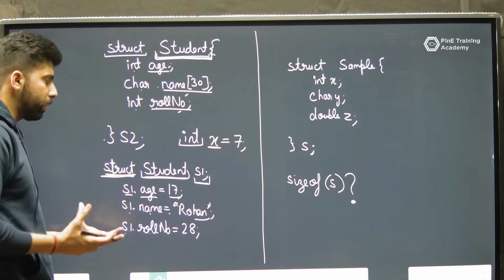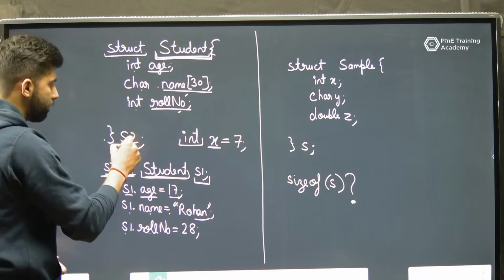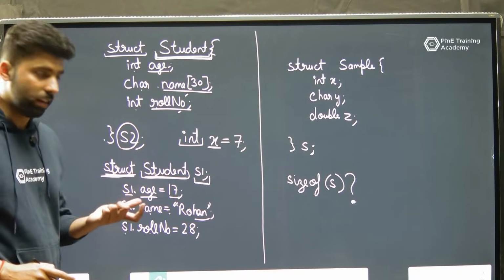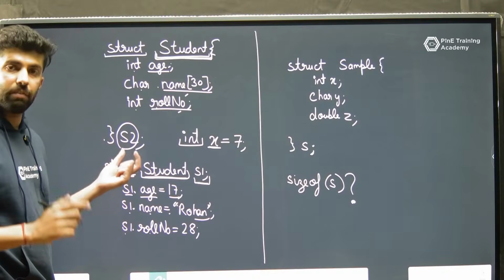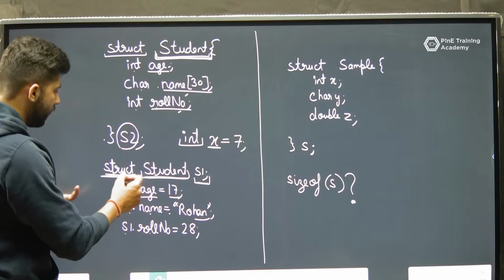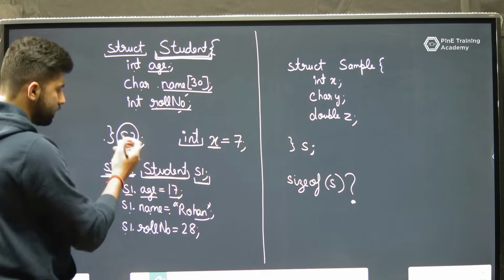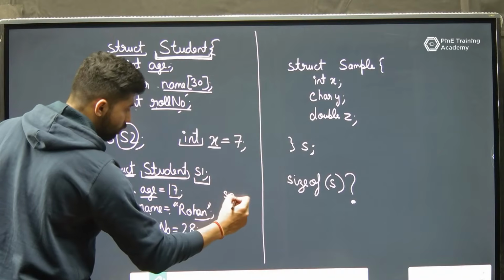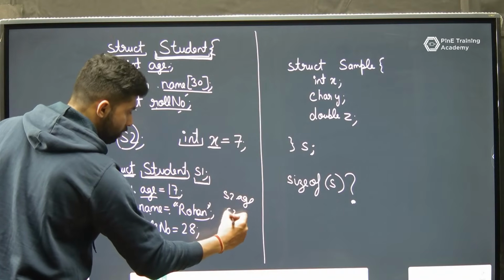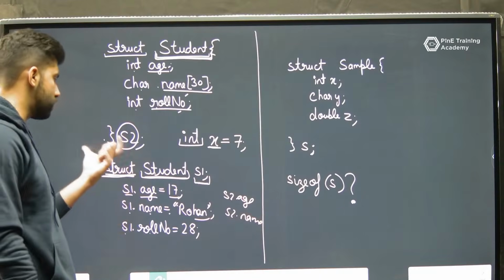So now what happens is that with the data type, I have created a variable as well. I have created a variable along with my data type. So I don't need to write this particular line again. I can directly write s2.age, s2.name. So this is another way of creating a structure variable.